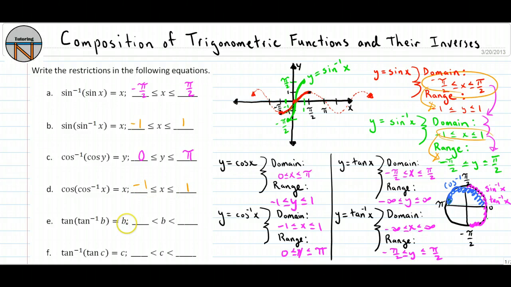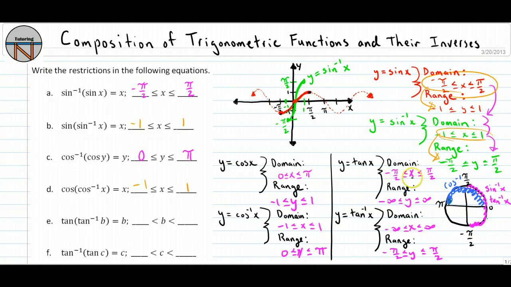All right, let's switch up and go to tangent now. Tangent, right? I'm taking the tangent of some number or some angle, so I should have numeric values, okay, for B. So let's go over and look at tangent. What do we have here?